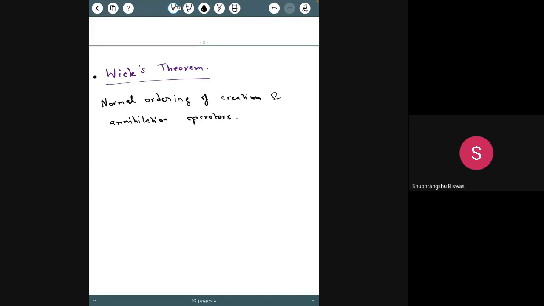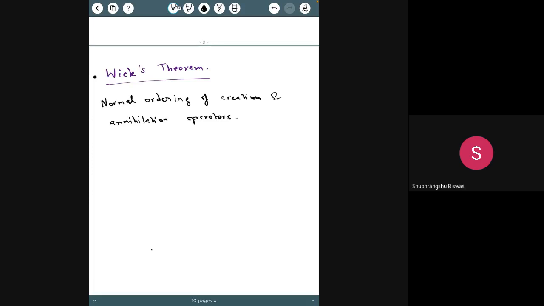So normal ordering of creation and annihilation operators. What does it mean? It just means that you place all annihilation operators to the right of creation operators. Because there are so many varieties in how you arrange creation and annihilation operators, it was thought that if you specify a conventional order, it would become easier to handle these strings. So if I tell you that I have a normal ordered string of 4 operators and I tell you the operators, you can immediately write them in the correct order.